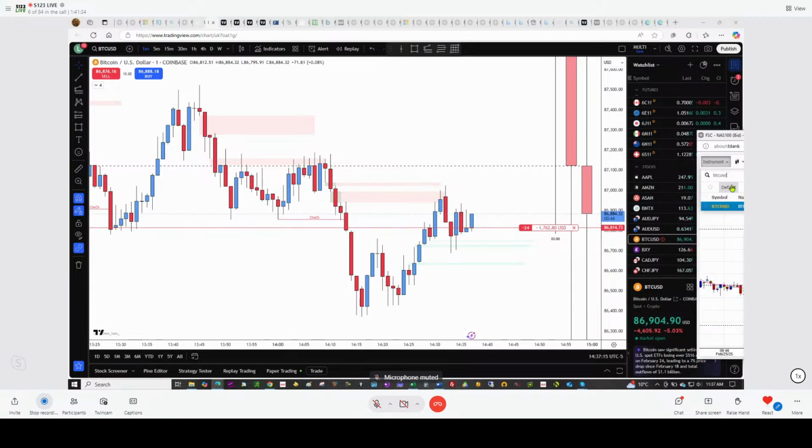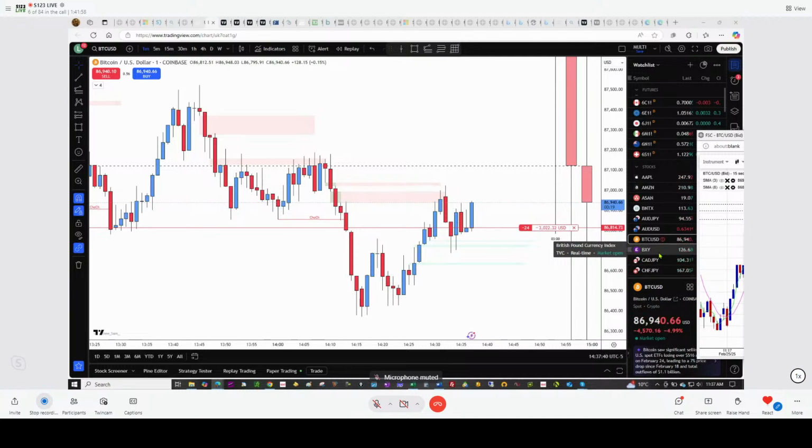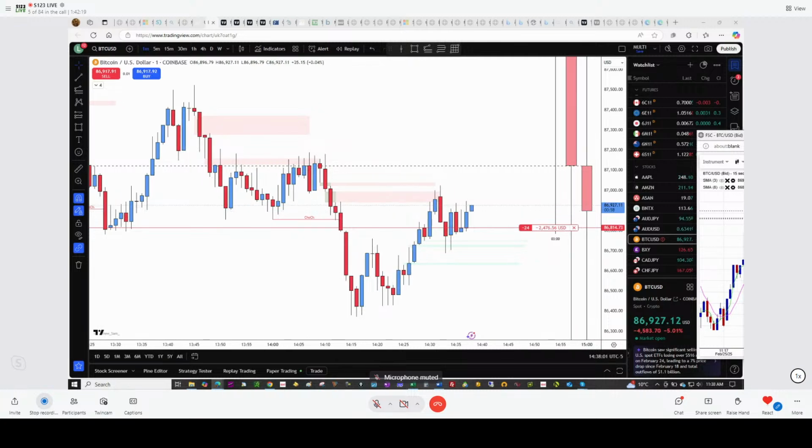A lot cleaner. Tesla just hit 141%. It's on its way to 162.